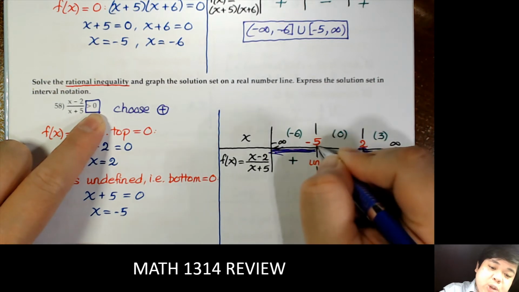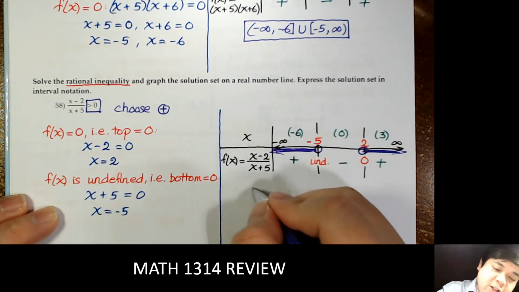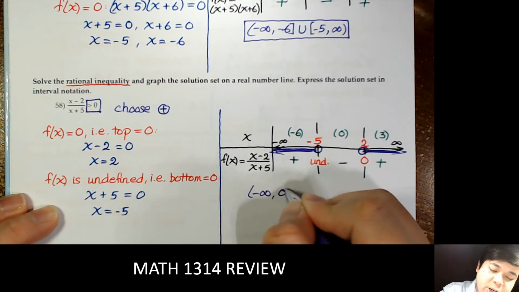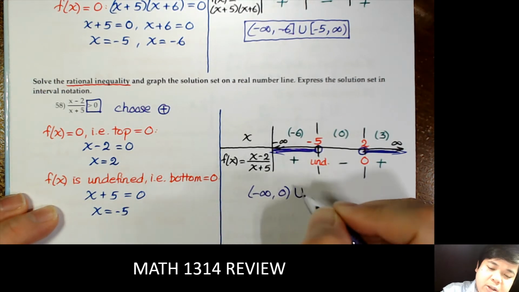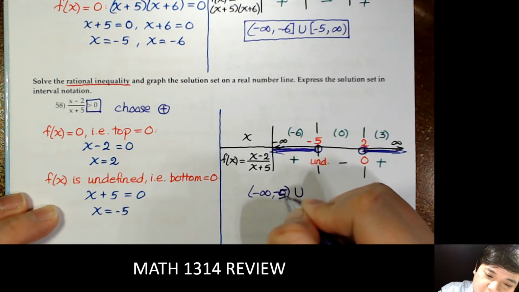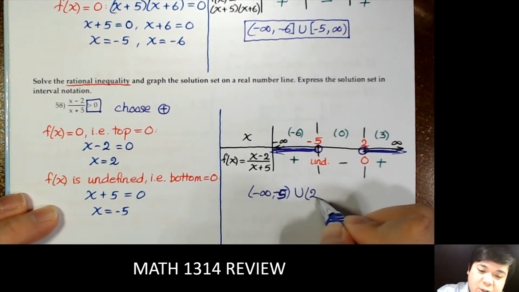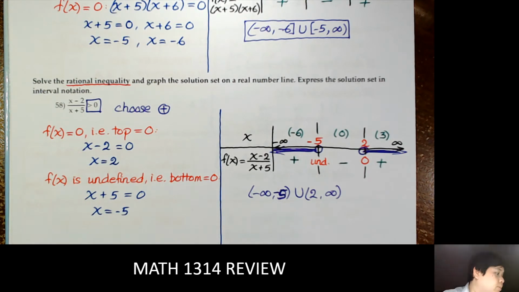And we never choose where the function is undefined. So pretty much the answer from negative infinity to 0, not including 0. I'm sorry, not 0, that's negative 5. Once again, negative infinity to negative 5, not including the negative 5, and from 2 to infinity. Right, that was that.